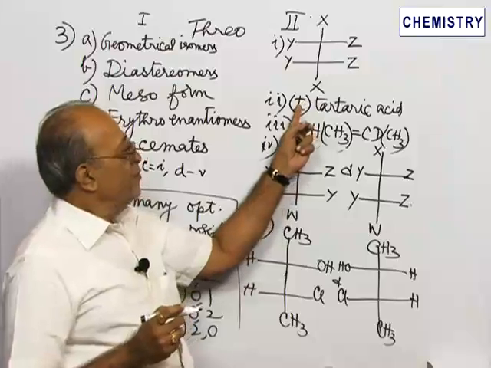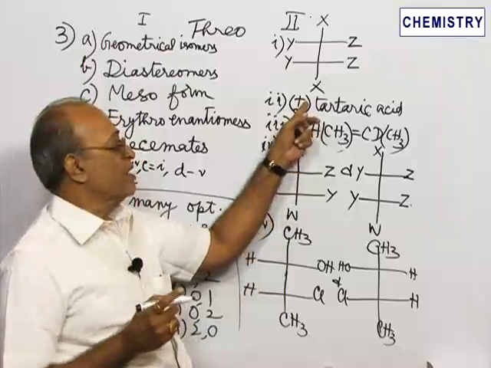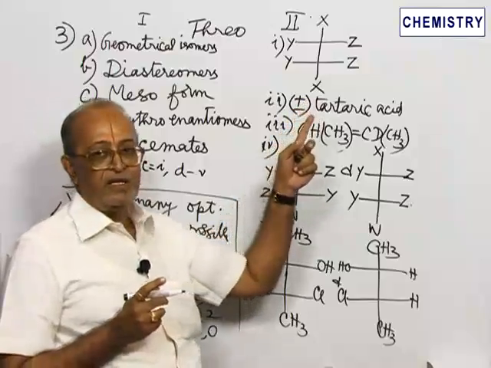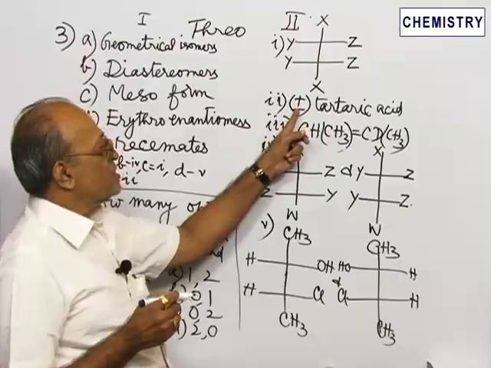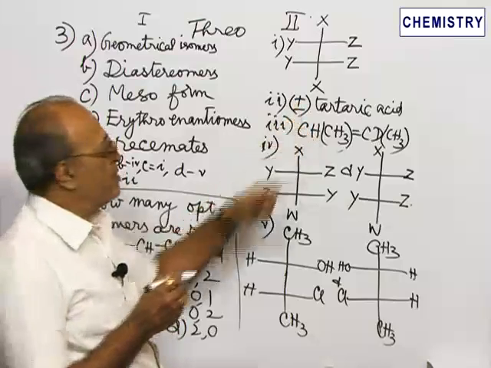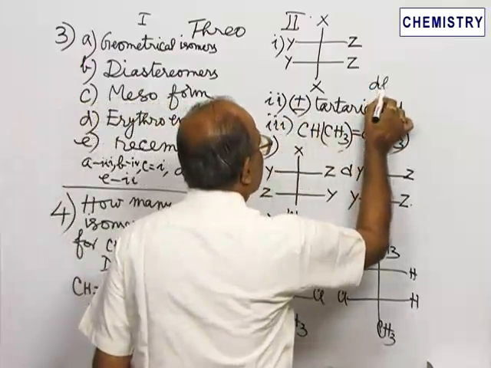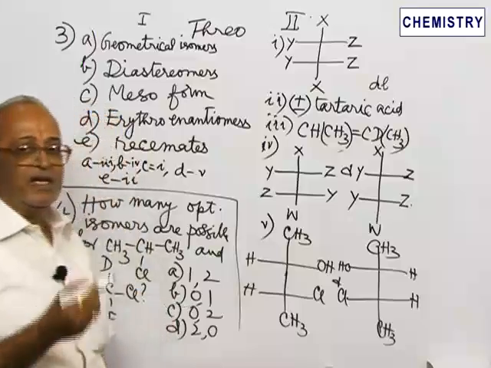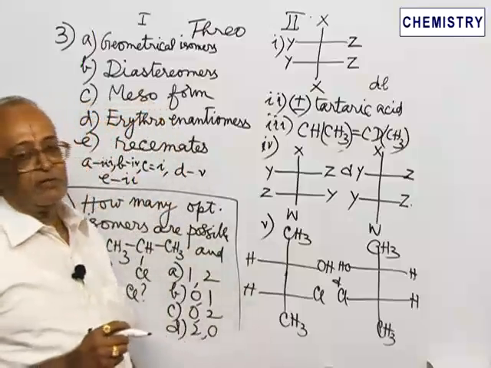Now, if we put only plus within brackets, it is the dextroisomer, only minus within brackets, it is the levoisomer. Or if I put both plus and minus like this, it denotes the racemic mixture, or it is also denoted like this. If you put D and L side by side, it also represents racemic mixture.